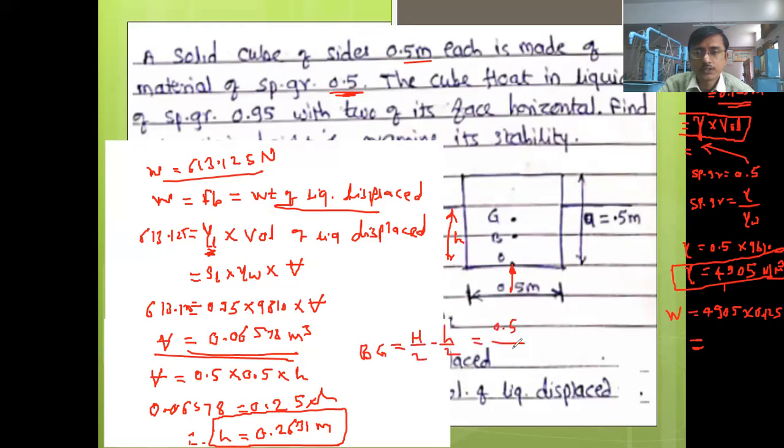So 0.5 divided by 2 minus 0.2631 divided by 2 is equal to, tell me the value of BZ. किती आलं? 0.25 minus 0.2631 divided by 2. It has come 0.1184.